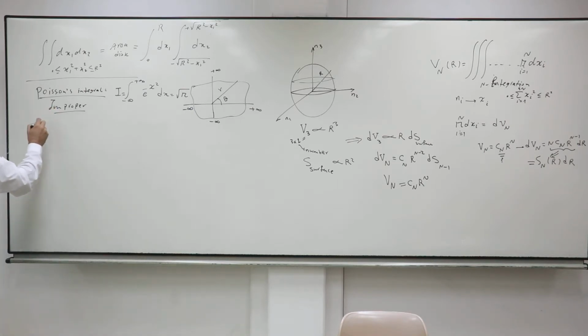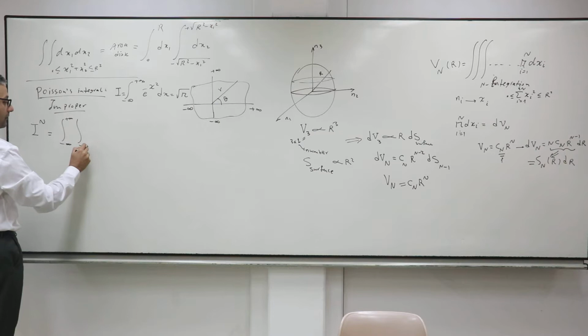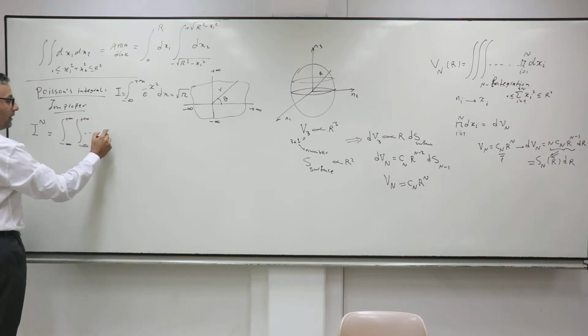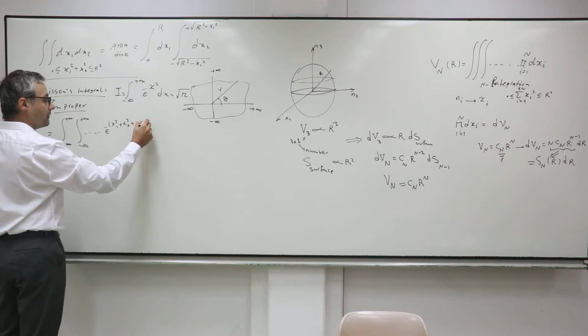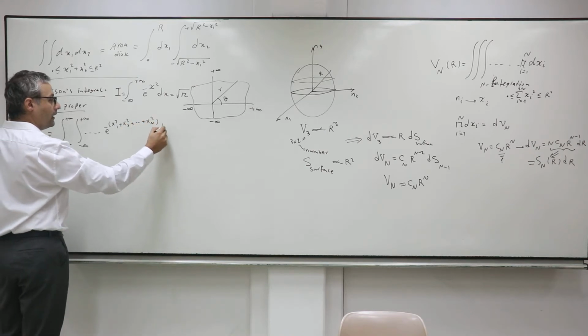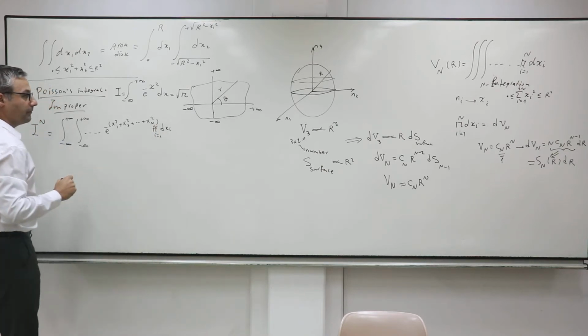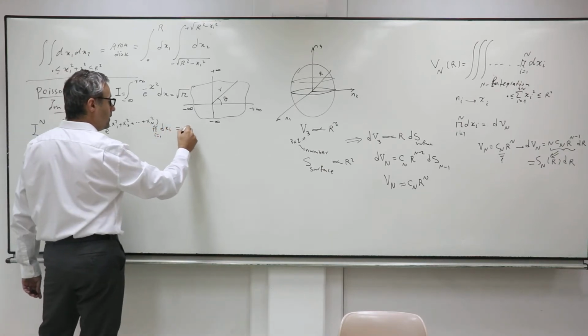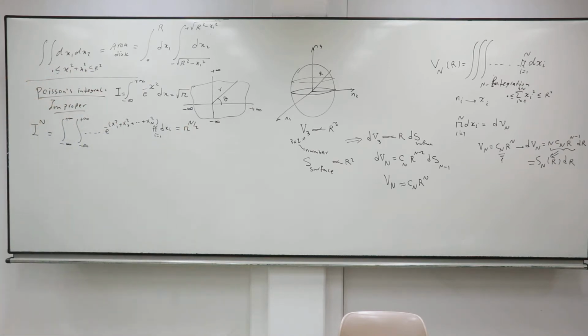So if I write this integral n times, it means I can repeat the integral n times here: e to the minus x1 squared plus x2 squared up to plus xn squared, dxi, i from 1 to n. And it will be pi to the n over 2. And this is the dVn.